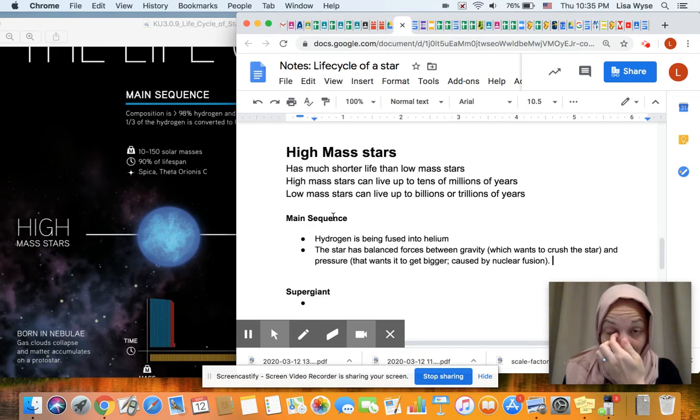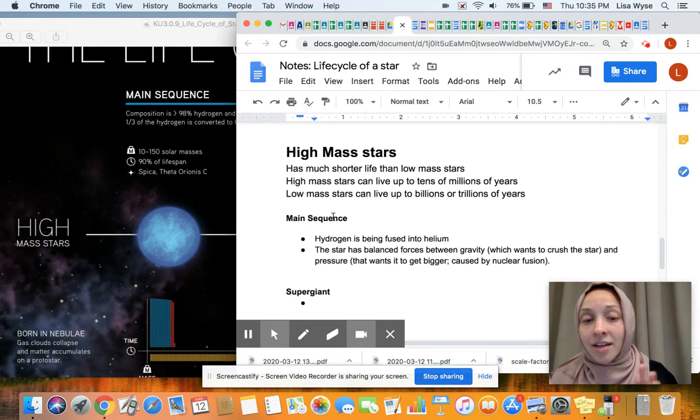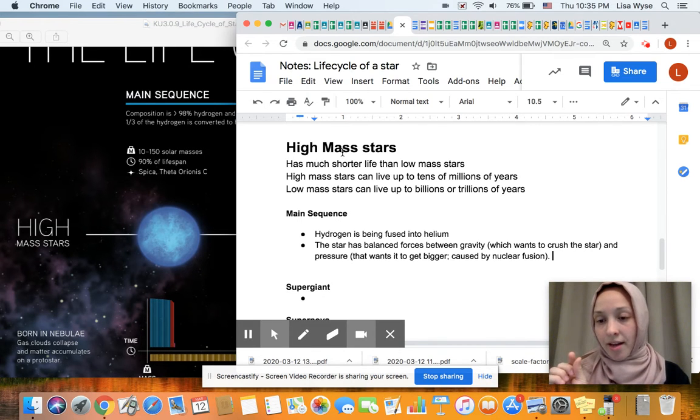So which one has a longer main sequence, the high mass or the low mass? The low mass has a longer main sequence. Low mass, longer. High mass, short life.